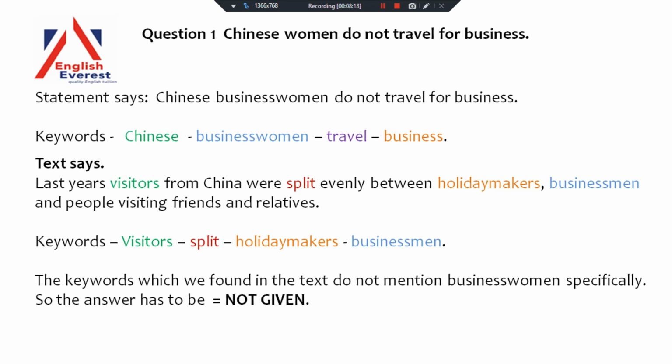No, in the text it does not say the word businesswoman, so you don't know. Okay, sorry, it does not say the word Chinese women or businesswoman, which would be the same thing. It doesn't say it in the text, so if you can't find it and it's not mentioned, the answer will be not given.